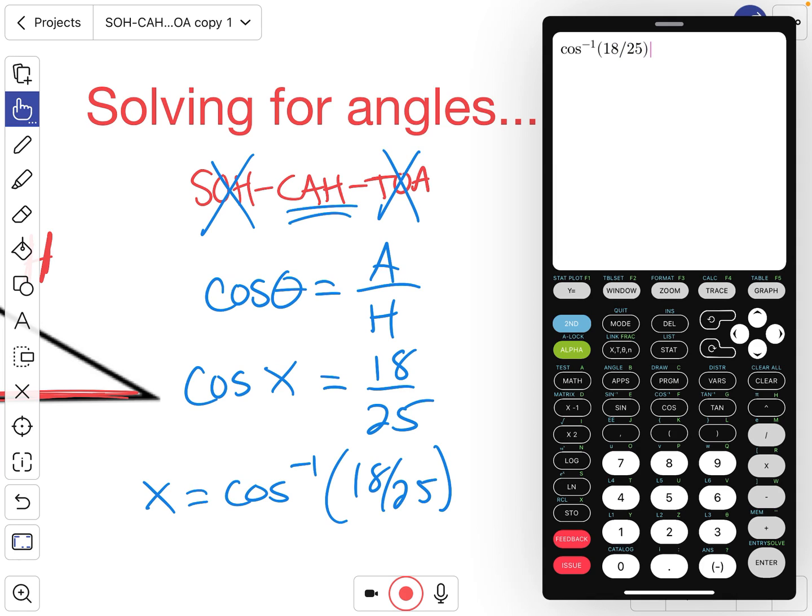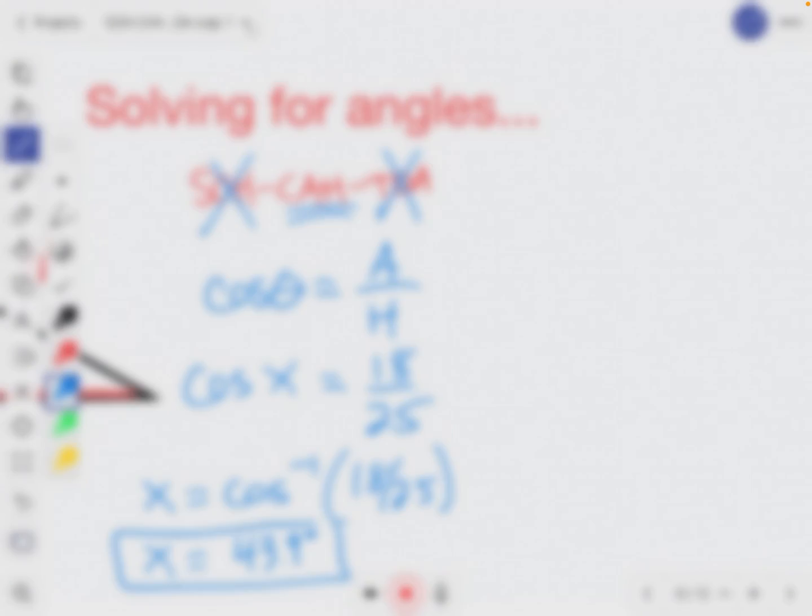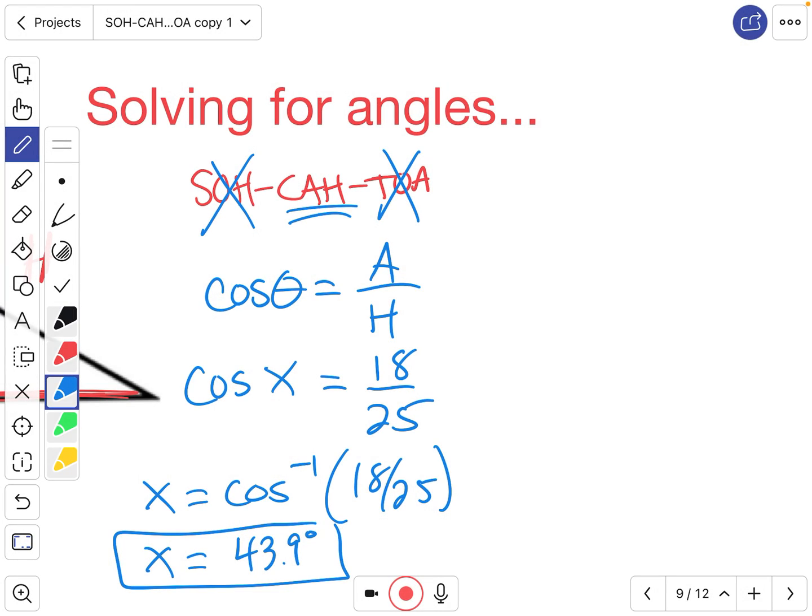So second cosine, and then typing in that fraction, 18 divided by 25, closing my parenthesis. That's how it looks on my calculator, and if I press enter, there it gives me the answer. Again, you have to be in the right mode, and I'm in degree mode still, but this tells me that that angle was 43.9 degrees. And so x equals 43.9 degrees, and that would be my answer here.